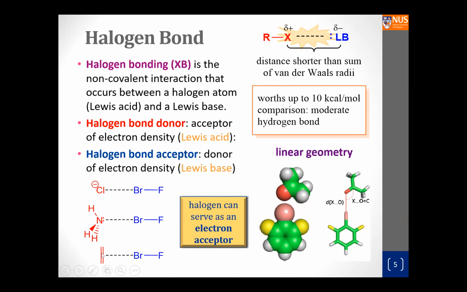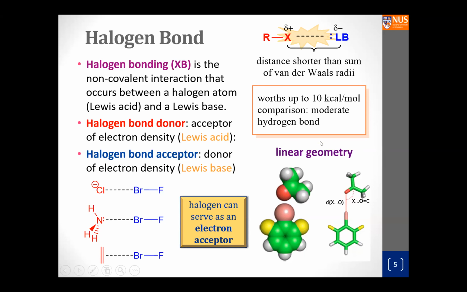So this is ethylene here. The bond strength is, I would say, moderate compared to hydrogen bond, but very important is that halogen bond you can tune easily as compared to hydrogen bond, because hydrogen only has one type of donor, whereas in halogen bond, you can change from chlorine to bromine to iodine and so on.